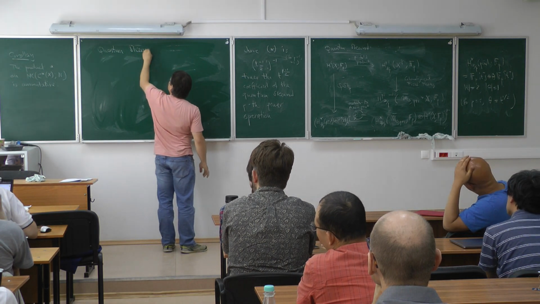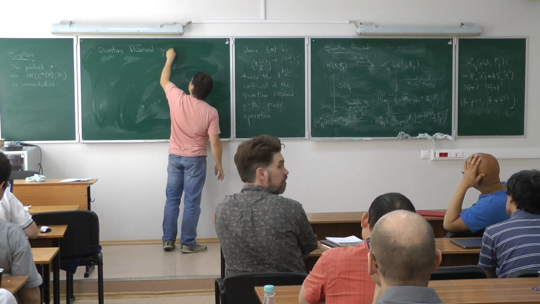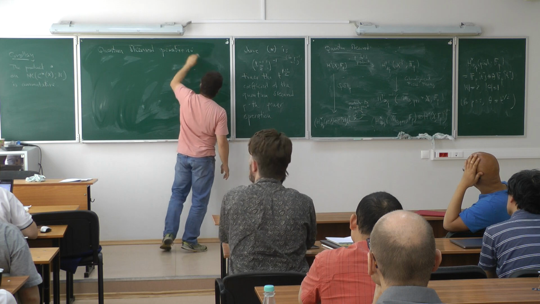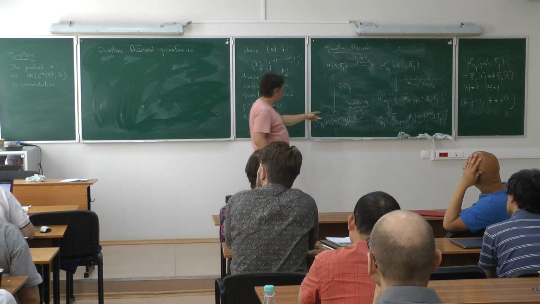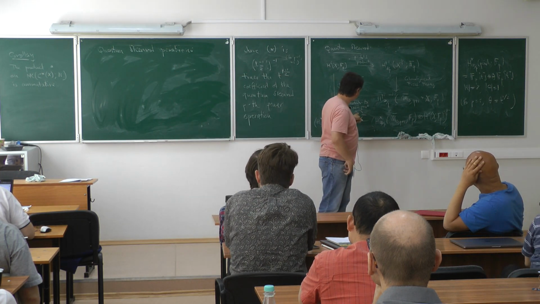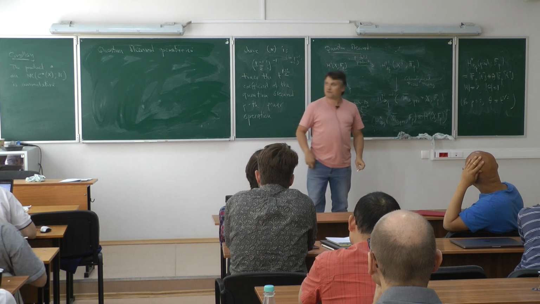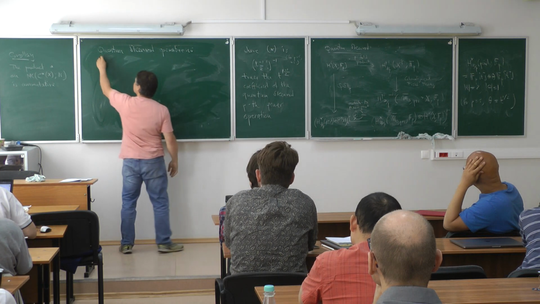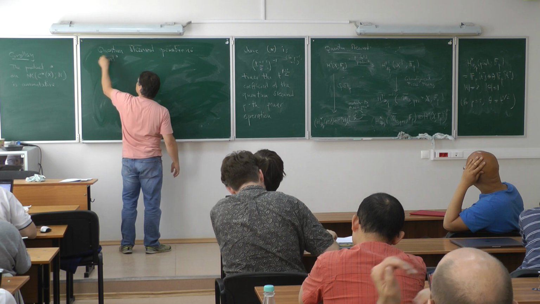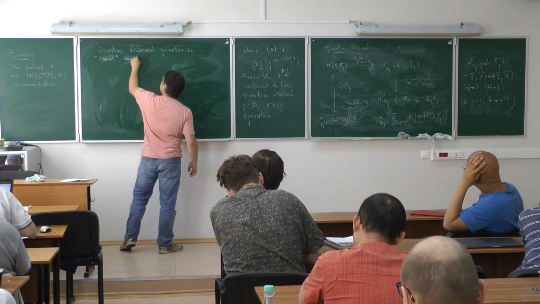So what's actually happening is that the quantum Steenrod operations take place at a particular point in Deligne-Mumford space. So they count maps.